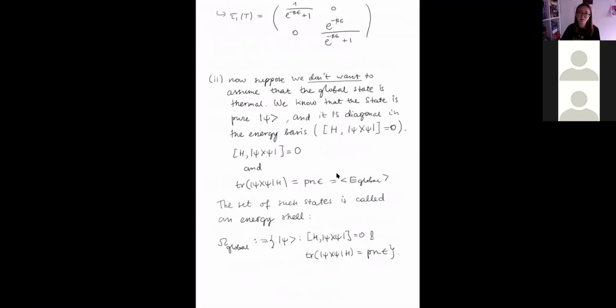And then the basis that this Hamiltonian is diagonal in is actually just the tensor product of all the 0-1 bases of the individual qubits, right? Since every local Hamiltonian is diagonal exactly in this 0-1 basis of the individual qubit.